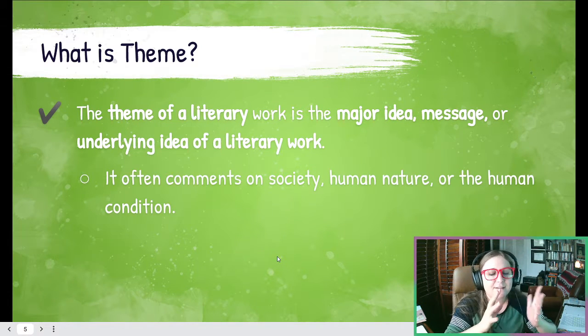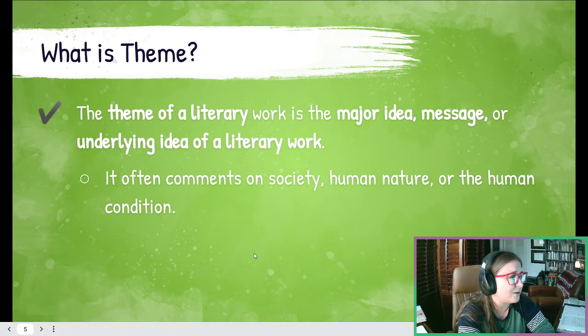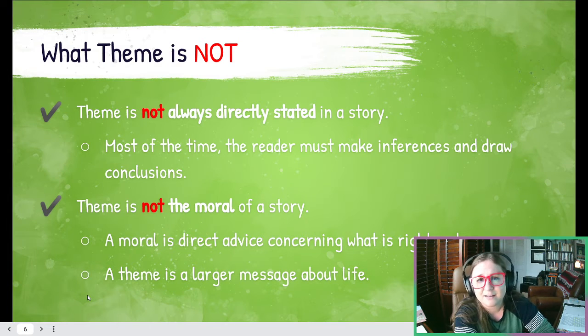It never talks about plot, characters, or events that take place in the story, but it's through that plot and those events and those characters' actions and experiences that you figure out what the theme is. The theme should be a one-sentence statement that tells you what the main point of the story was.